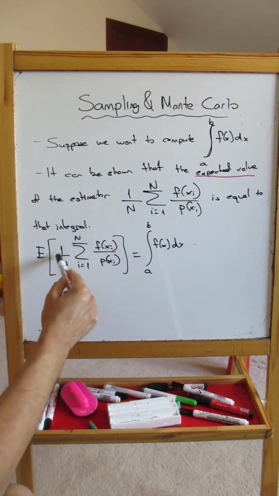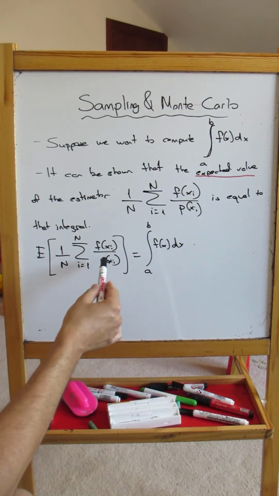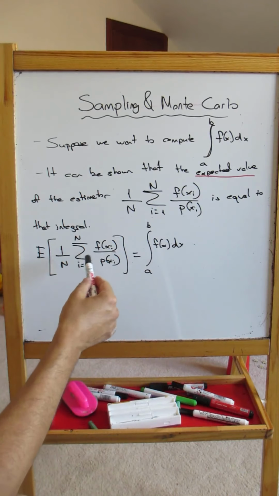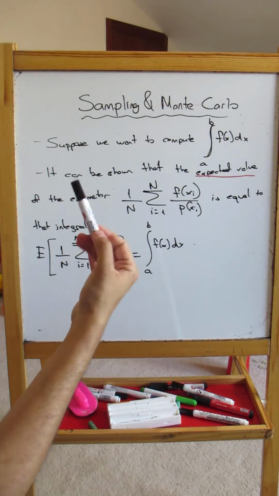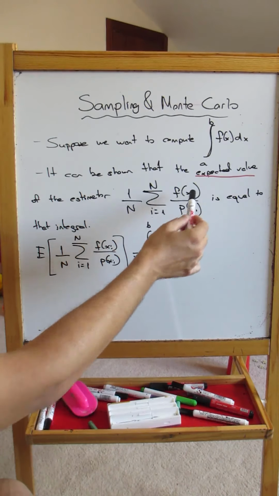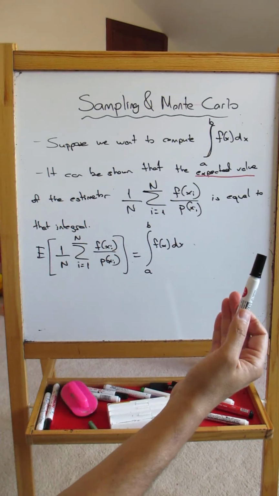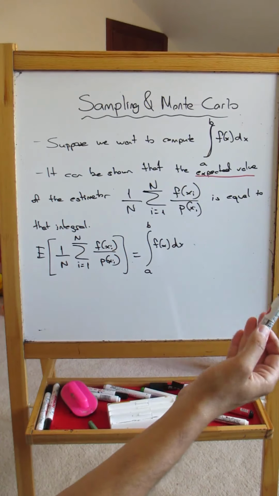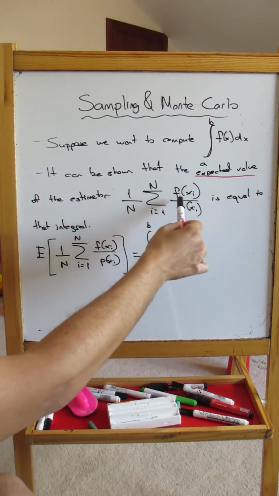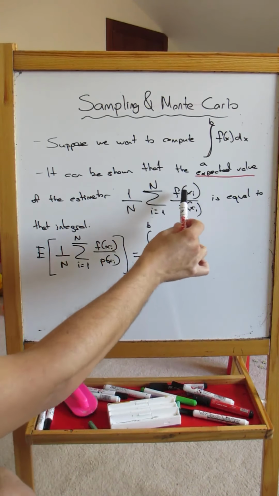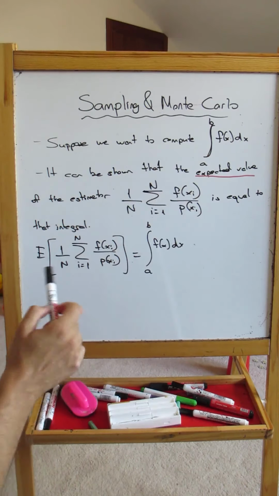Here, what we say is that if you compute a discrete summation of samples, where these xi's are your sample points, the important thing is you divide the value of the function at xi by the probability of that.